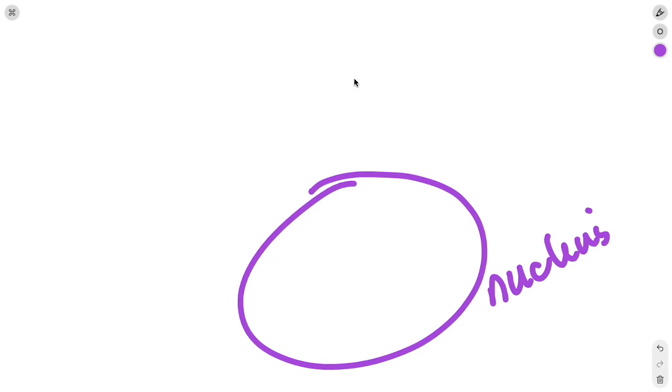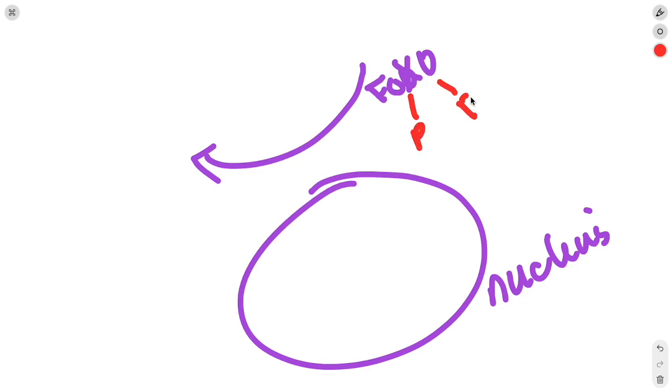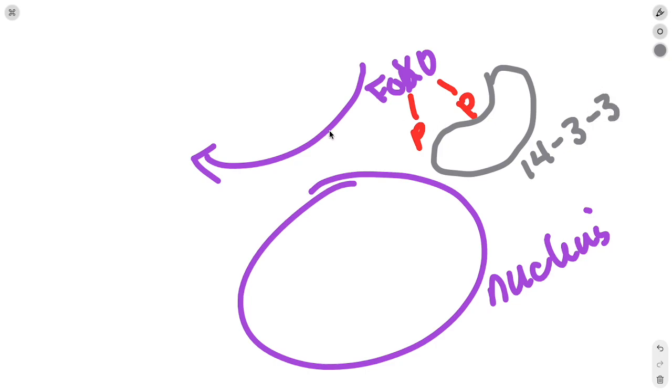And when the cell's growing, AKT phosphorylates FOXO, and FOXO gets a couple of phosphorylations. And when that happens, a protein called 14-3-3 binds to FOXO and prevents it from going in the nucleus. So it can't go in the nucleus. And FOXO is a transcription factor where its function is in the nucleus. And if it can't get in the nucleus, it can't do its job.